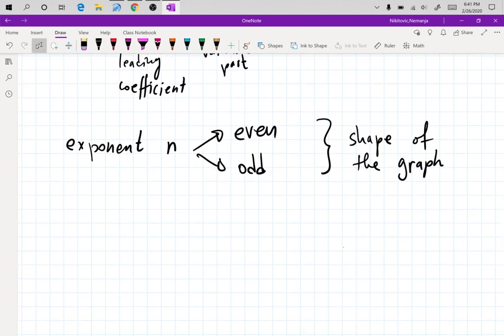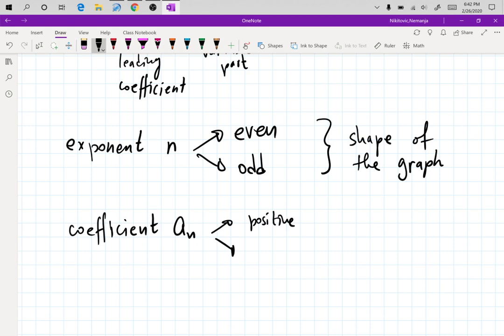And then you have the coefficient, leading coefficient, but coefficient a_n, which could be positive or negative. And this helps with orientation of the graph.